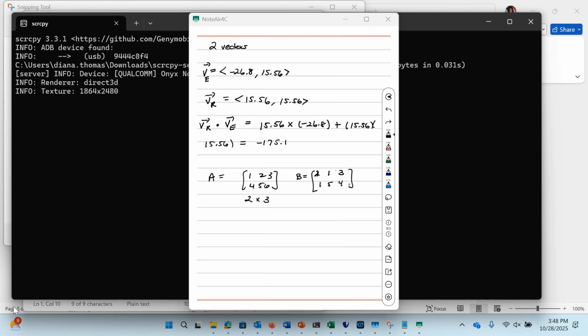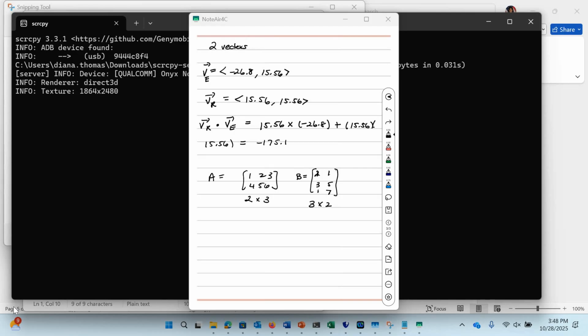I just made up some numbers. I had to make a third row, sorry. Let me erase this. This is 3 rows and 2 columns.